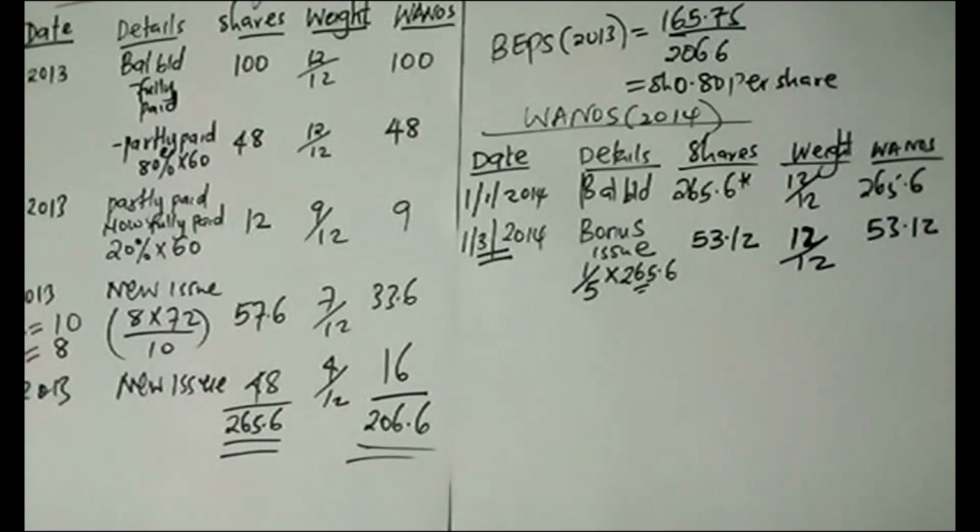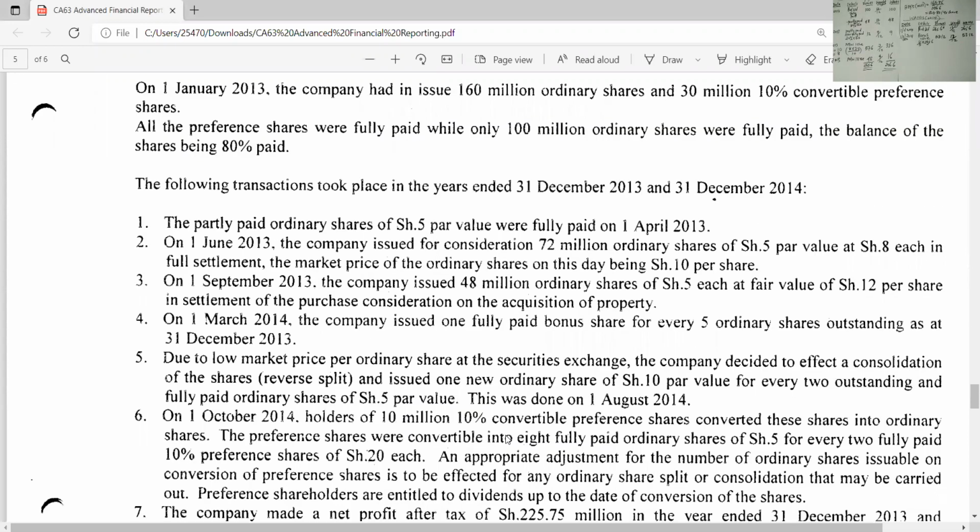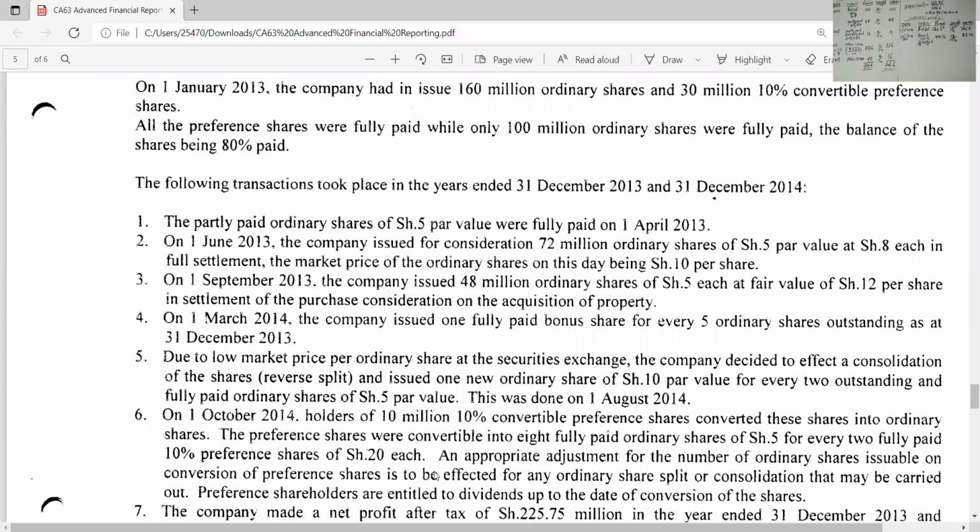Once we are done with that, we move to additional information number 5, which was concerning reverse split. For a reverse split, we need to know the proportion, and the proportion is always constant, which is 1 to 2.